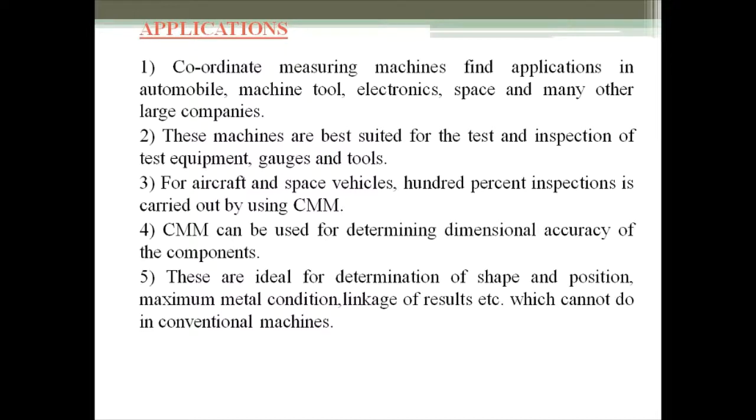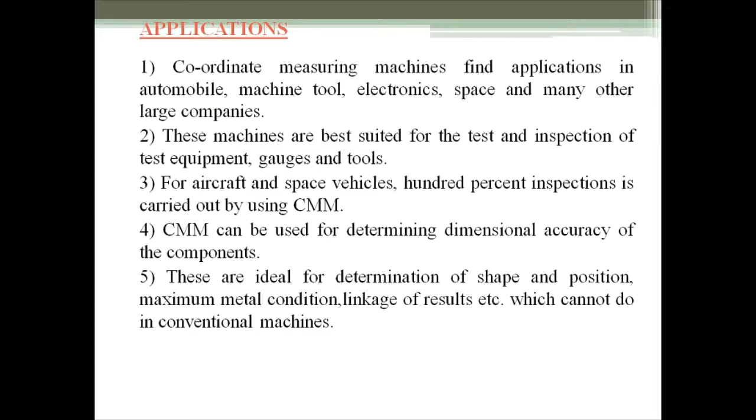Next, the CMM can be used for determining dimensional accuracy of the components, and CMM machines are ideal for determination of shape and position, maximum metal condition, linkage of results, etc., which cannot be done in a conventional machine.